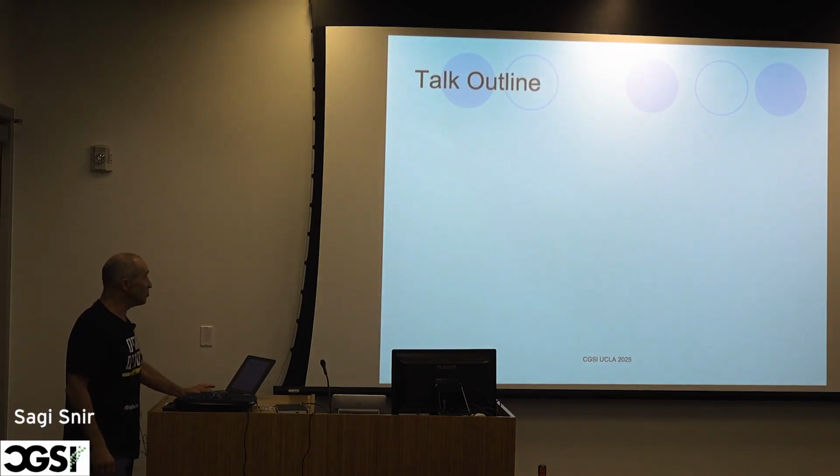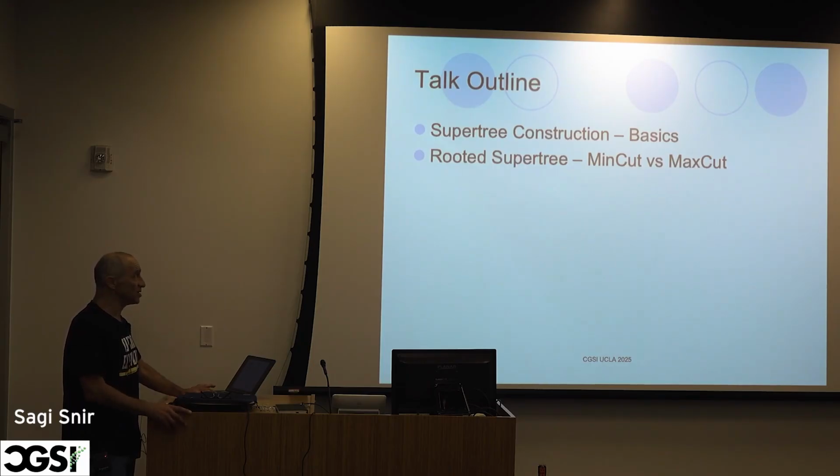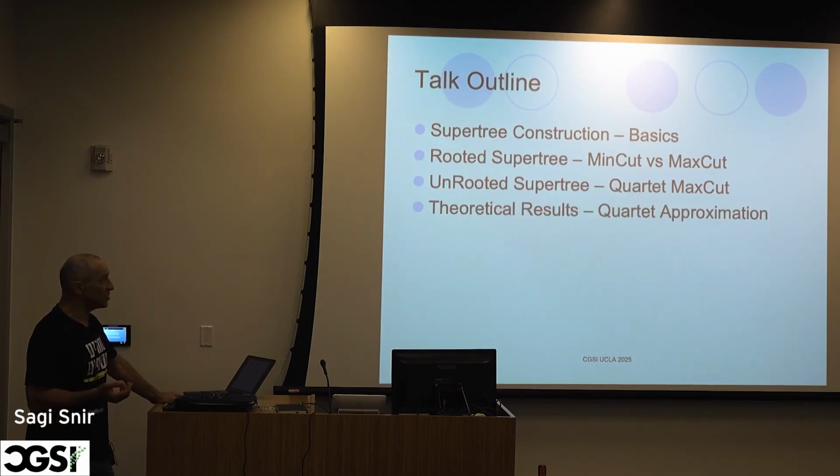So let's review the talk outline. I'll start with the basics of supertree construction, then the basic supertree approach, which is the min cut approach, and I will introduce max cut. I will move to theoretical results on quartet approximation: what are quartets, and why we need to approximate.